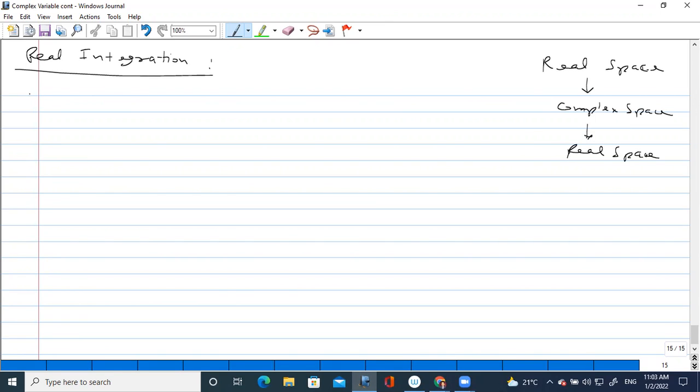So what are the real integrals we are going to deal with here? There are three types of questions which come in the exams. Number one type is the integral from 0 to 2 pi of f of cos theta, sin theta, means a function of cos theta and sin theta will be there, and integration of that from 0 to 2 pi. Or sometimes 0 to pi will also be asked, but that 0 to pi we can convert into 0 to 2 pi if the function is even.